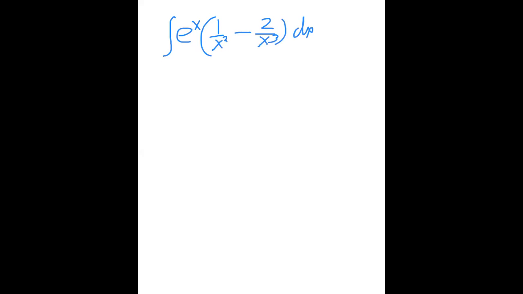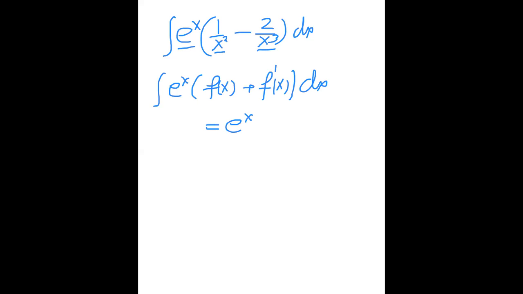It becomes e to power x f(x), and it will be f dash x. So we have the identity: integral of e to power x into f(x) plus f dash x, dx, will be equal to e to power x f(x) plus c.